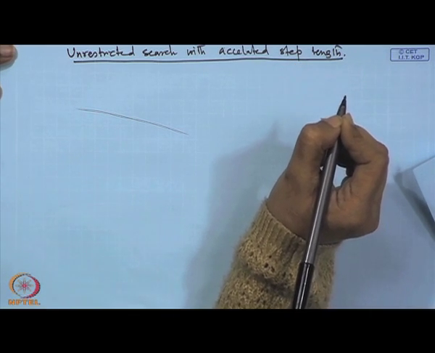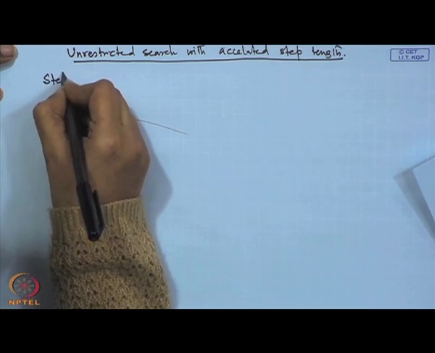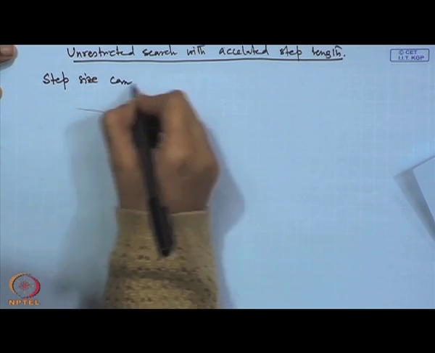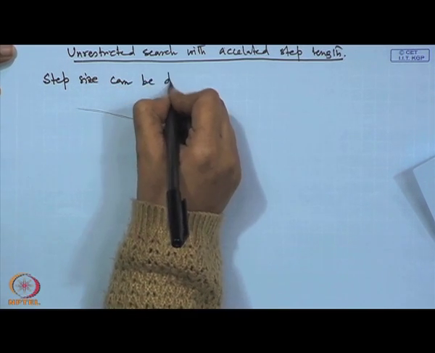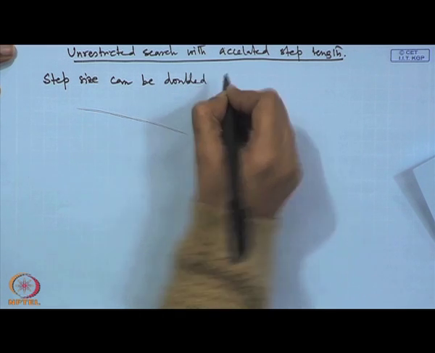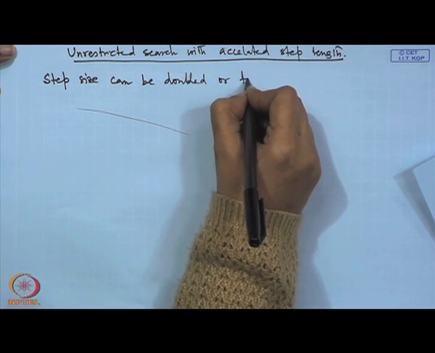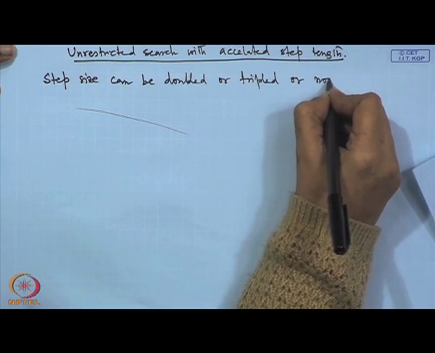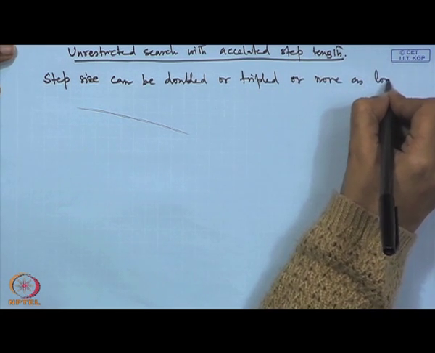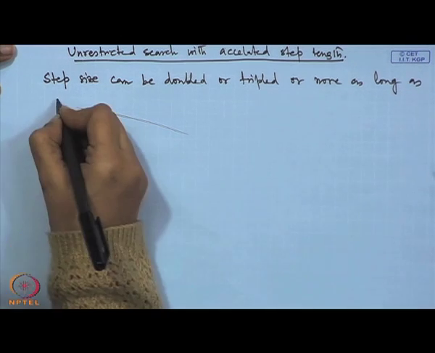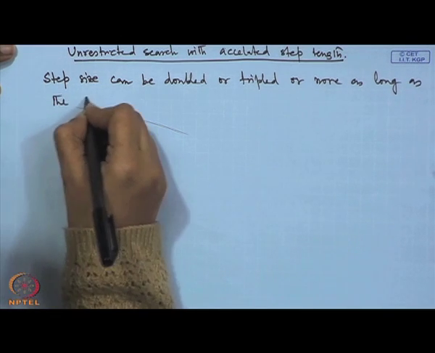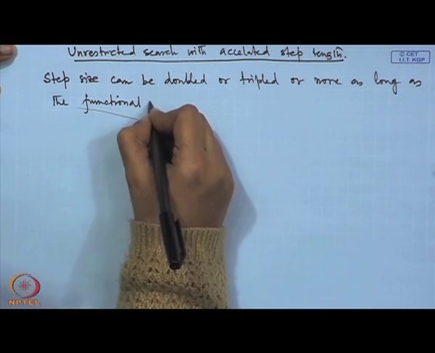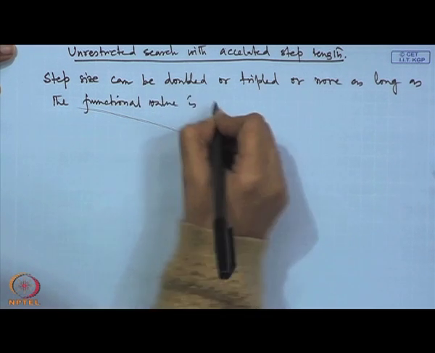The thing is that in the process we can increase the step size. It can be doubled, it can be tripled or more, as long as the functional value is improving.